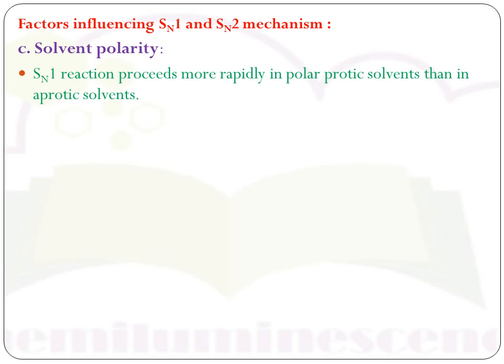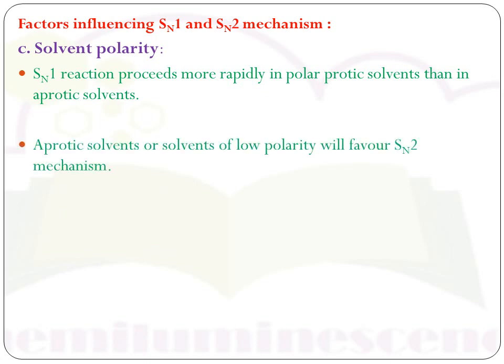A polar protic solvent decreases the rate of the SN2 mechanism because the rate determining step of SN2 involves both the substrate as well as the nucleophile. And we know a polar solvent stabilizes the nucleophile by solvation, which means it deactivates the nucleophile. Hence, an aprotic solvent, or a solvent with low polarity, will favor the SN2 mechanism.